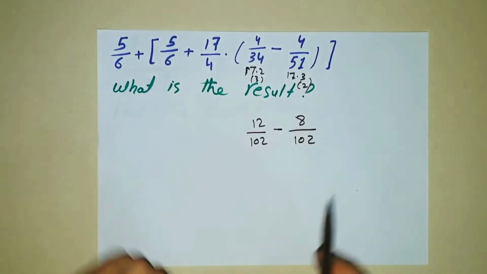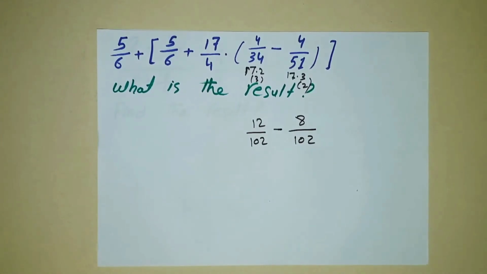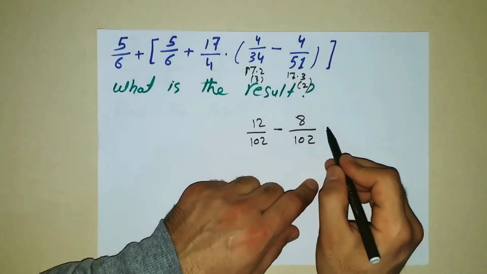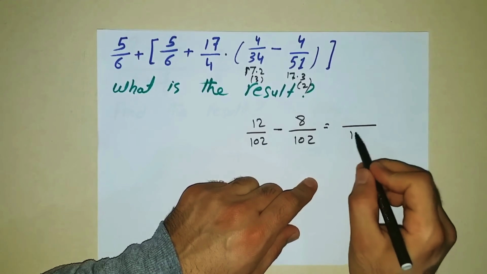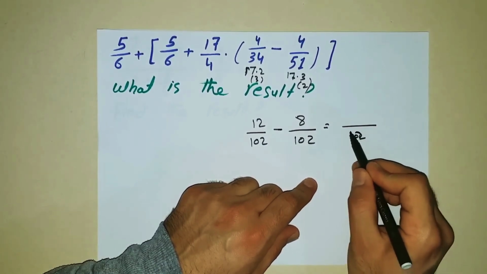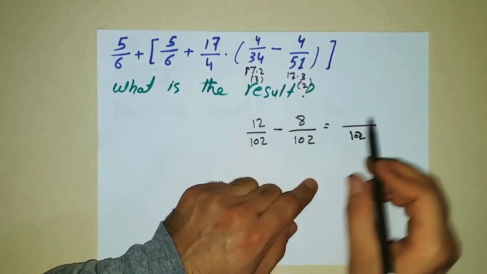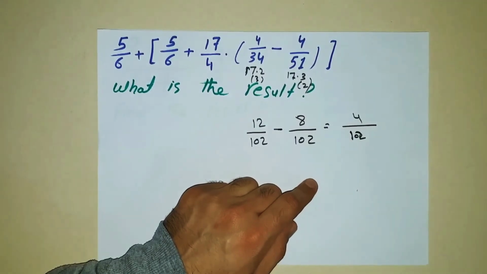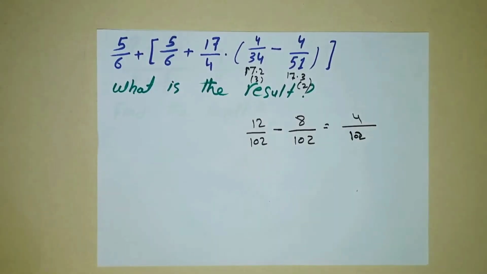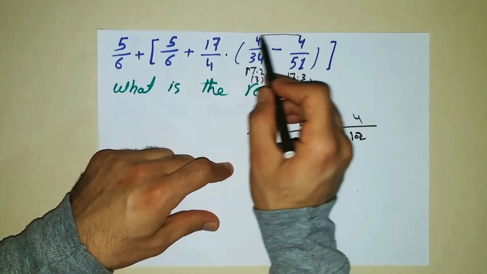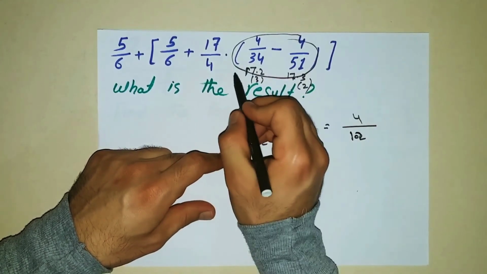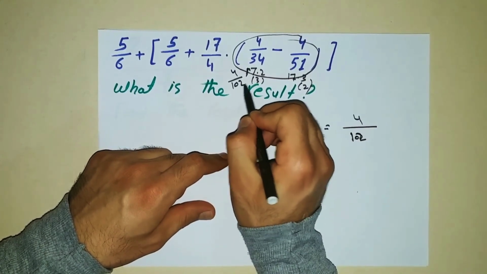Now the denominator is the same, now I can do subtraction. 102 will be the same. I just subtract: that will be 4 if I subtract 8 from 12. So now this part is 4 by 102.